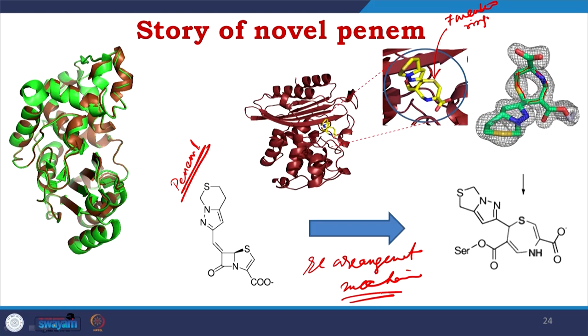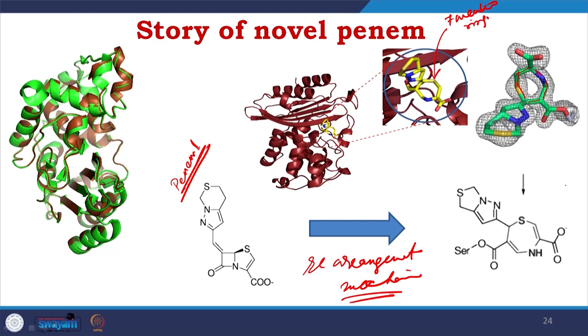Now, if you look from the point of view of a bacteria, they were exposed to this drug, but in the presence of the enzyme, this becomes a modified drug. So, it is difficult for them to develop resistance, and up to now, whatever they are used, we have no incidence of resistance reported yet. So, this is one story I want to explain.